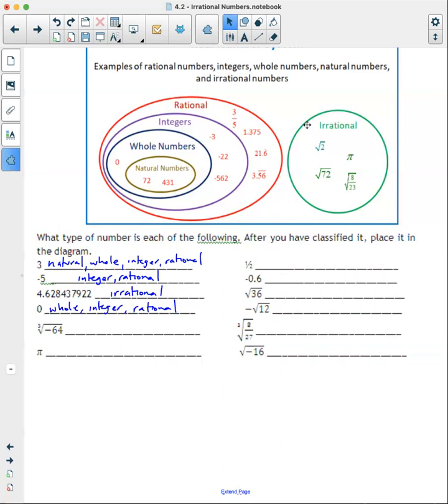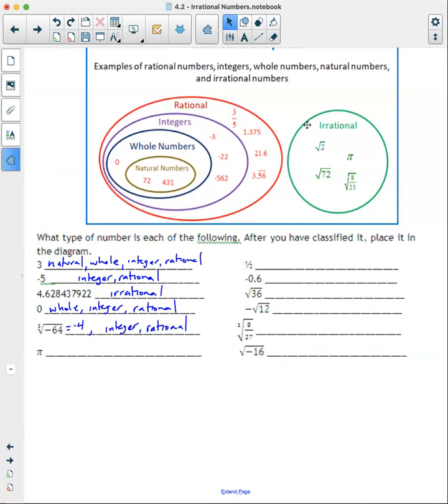Okay, the cube root of -64. Might not be able to tell what this is right away, but if you put that into your calculator, you will get -4. Okay, which is an integer and rational. Okay, pi is irrational.